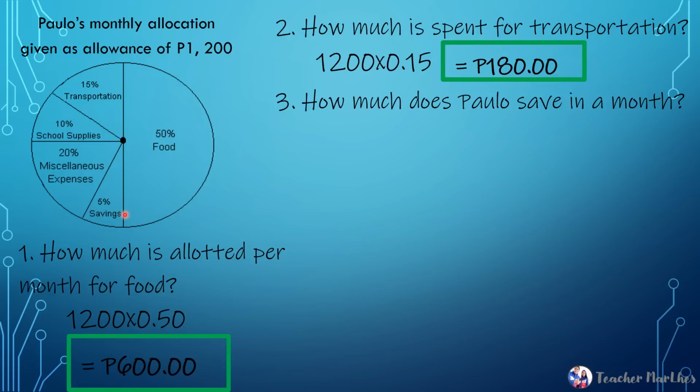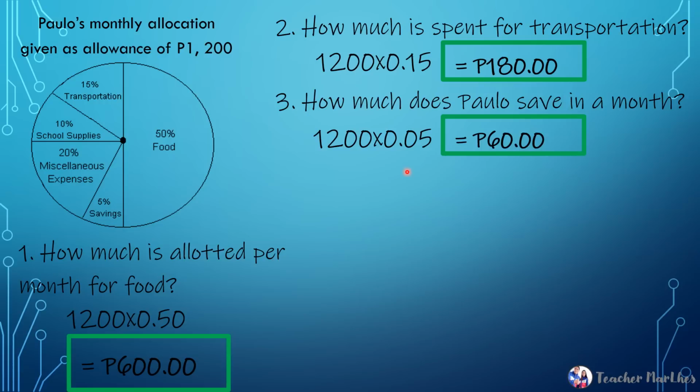So, yung saving niya ay 5%. So, 1,200 times 0.05. So, 5%, convert to decimal, magiging po 0.05. Then, multiply. The answer is 60 pesos. So, 60 pesos yung nasisave ni Paulo sa loob ng isang buwan sa kanyang monthly allowance na 1,200.